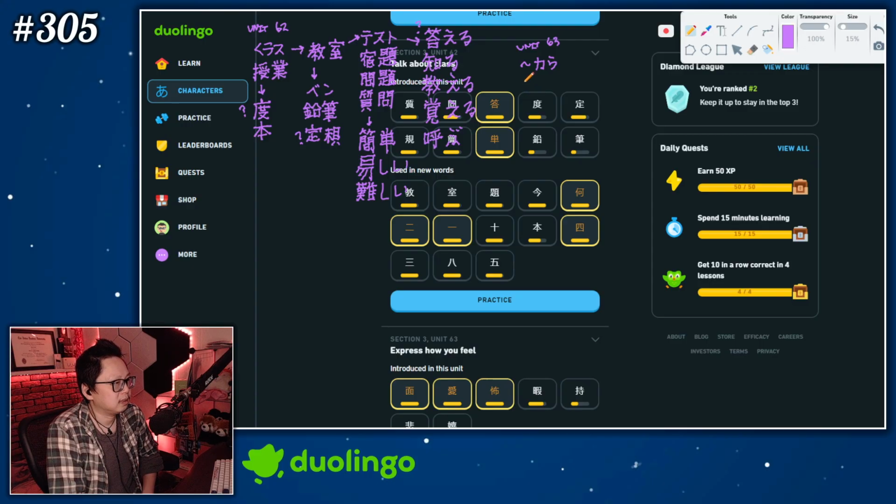どうやって, どうや no, どう no, not どうや, no, どうして, どうして.